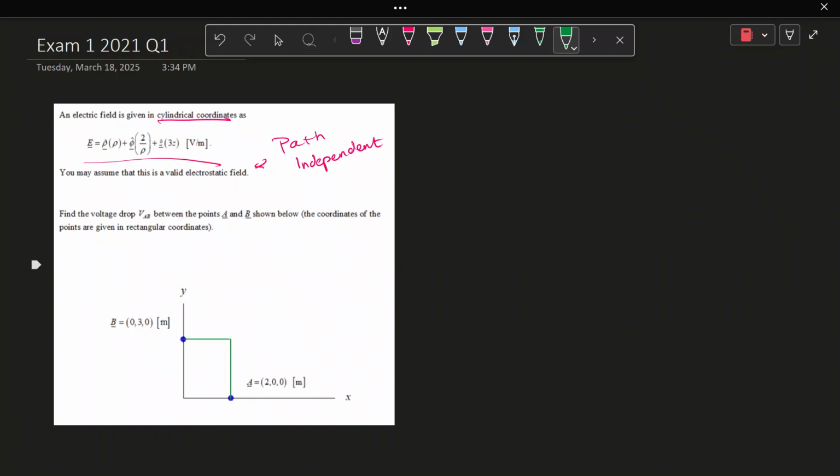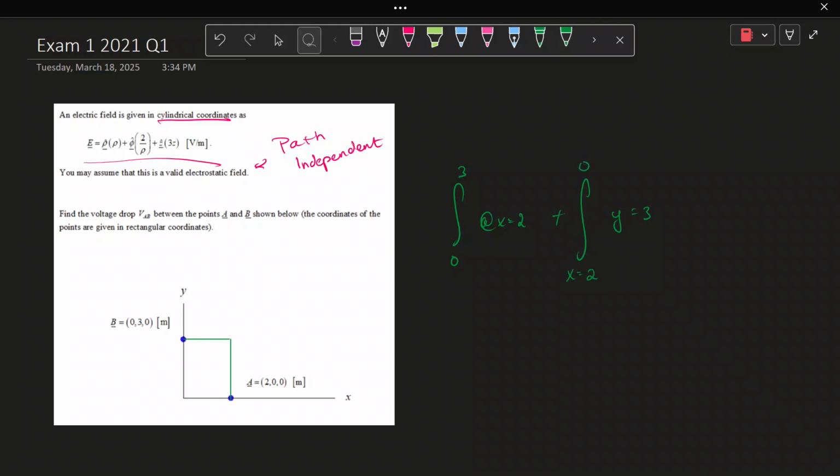You can say integrate at x is equal to 2, from y equal to 0 to 3, and then add the integral at y is equal to 3, from x is equal to 2 to 0.